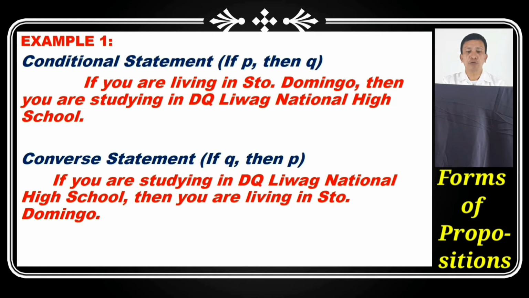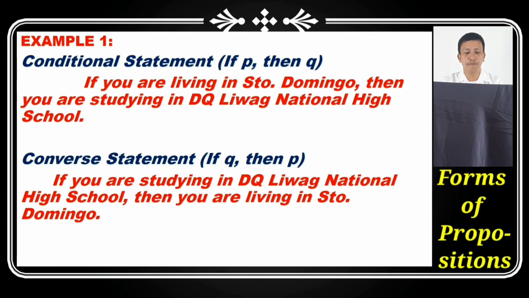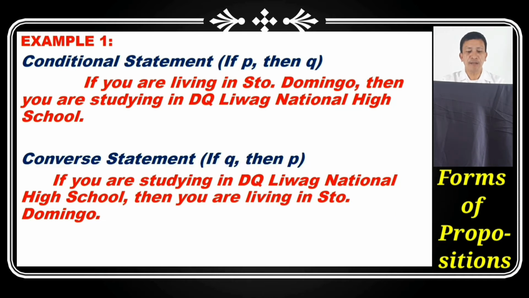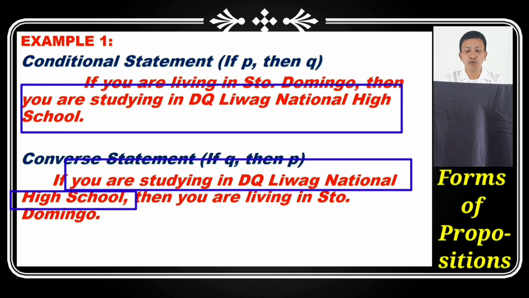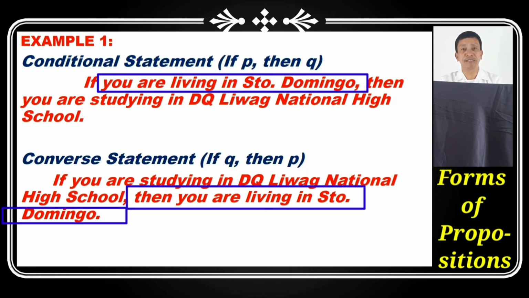Now, for us to convert this into a converse statement, interchange the P and Q statements. So we have, if you are studying in Liwag National High School, then you are living in Santo Domingo. Again, as we notice, the conclusion is now the hypothesis, and the hypothesis is now the conclusion. We just interchange.